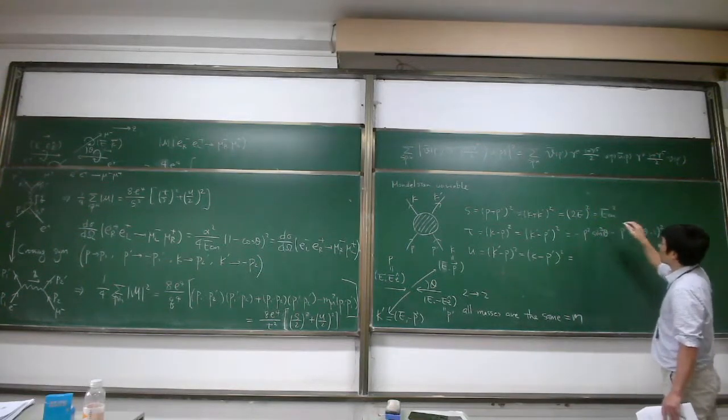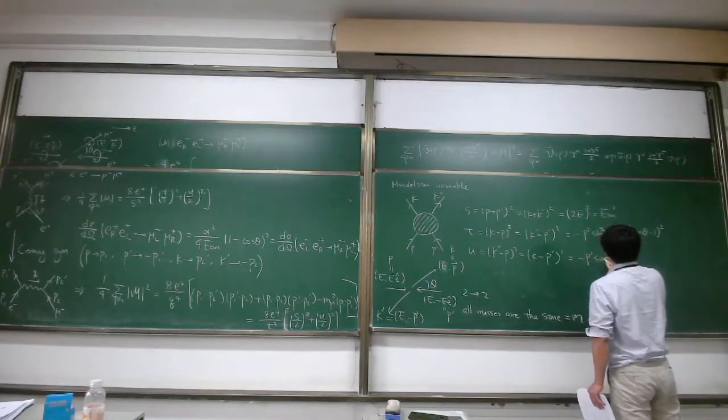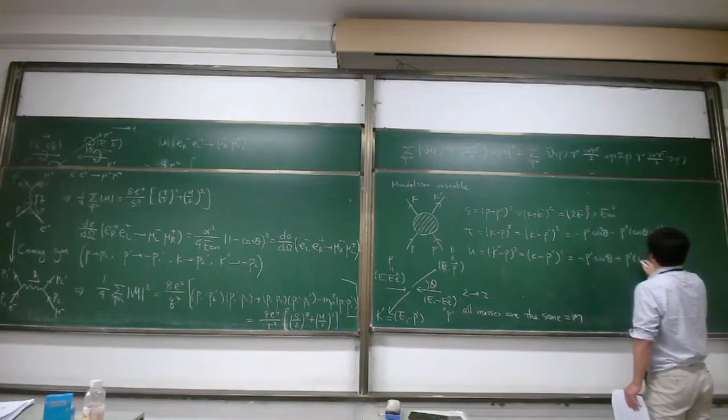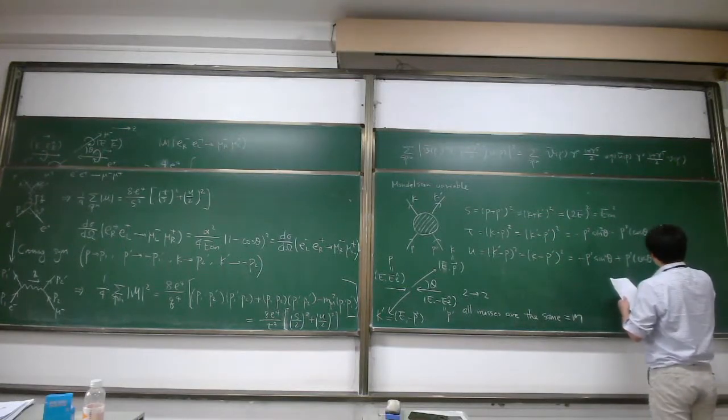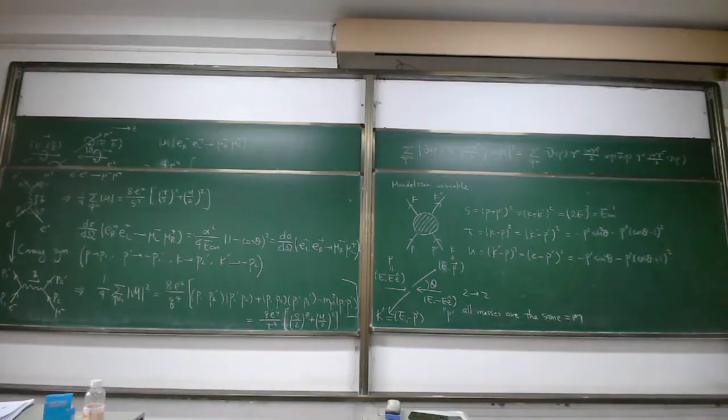Sorry, square, sorry. And then here P square sine square plus P square cos theta minus 1 square. Sorry, here minus. So you can do the honest computation of this case. And then what we have is that this is equal to minus 2P square 1 minus cos theta. And this is equal to minus 2P square 1 plus cos theta.